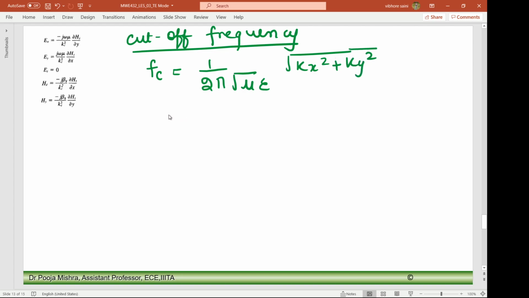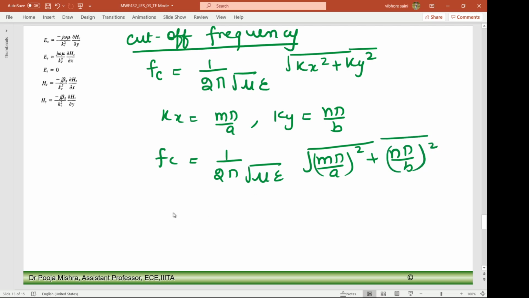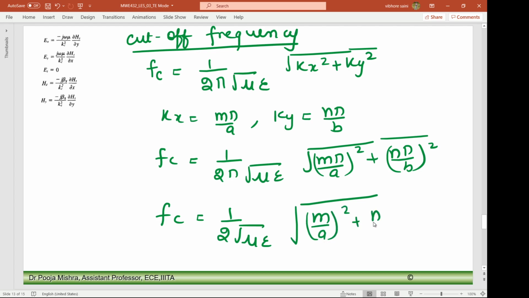So kx is m pi by a and ky is n pi by b. So Fc will be 1 by 2 pi under root mu epsilon under root (m pi by a) square plus (n pi by b) square, or Fc is equal to 1 by 2 under root mu epsilon under root (m by a) square plus (n by b) square.